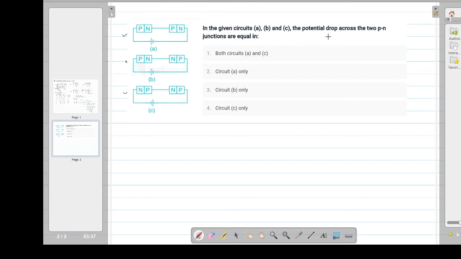They have asked in which case the potential drop is equal, whether in circuit A, B or C.